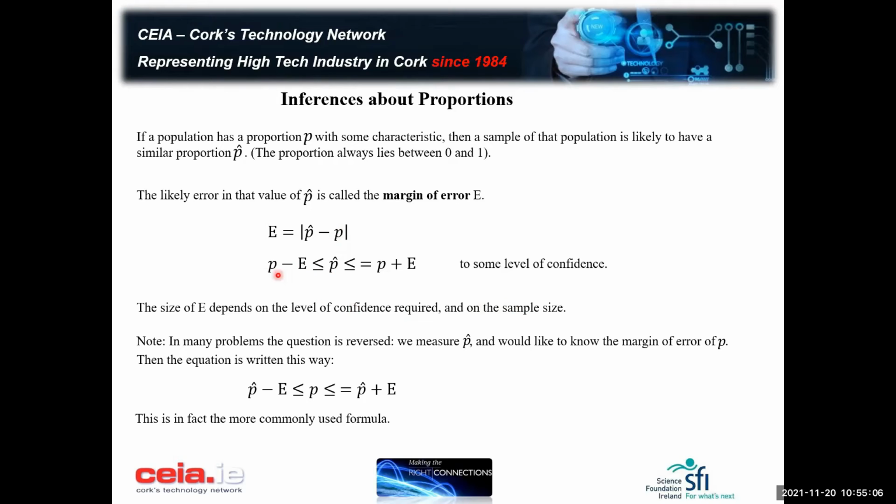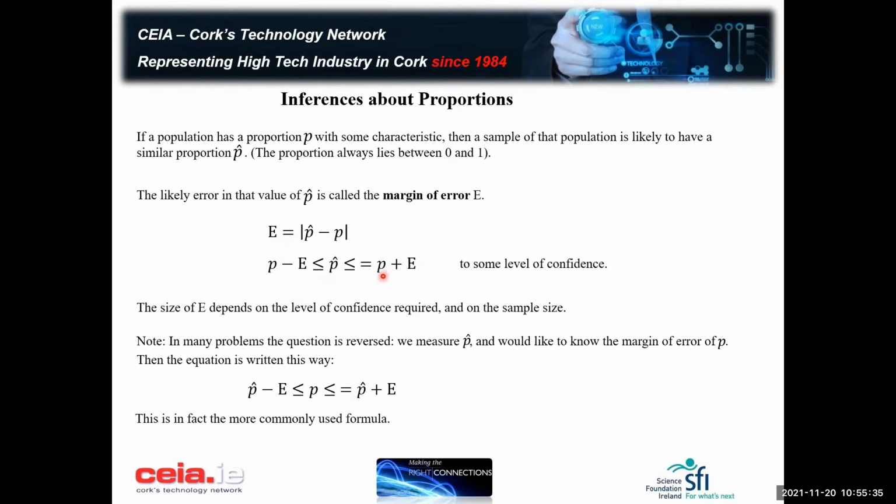And you can express it this way: the sample measurement will lie plus or minus a margin of error from the true measurement. So it'll lie between P minus E and P plus E. So it'll be between the true measurement minus the margin of error and the true measurement plus the margin of error.